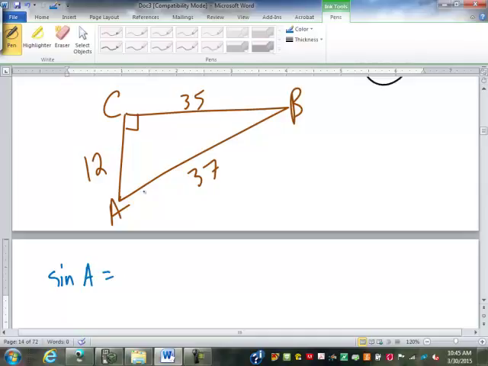Sine is what, 2 sides? Opposite over hypotenuse. So we know the hypotenuse is the 37. The opposite and the adjacent change with the angle, right? So for angle A, which one is opposite? The 35. Good. So this is going to be 35 over 37.